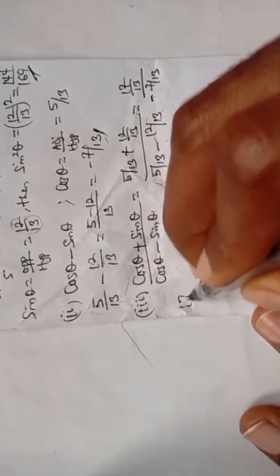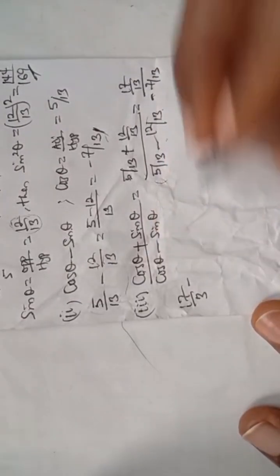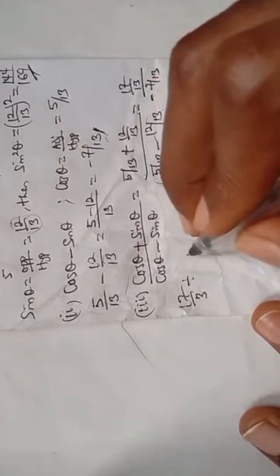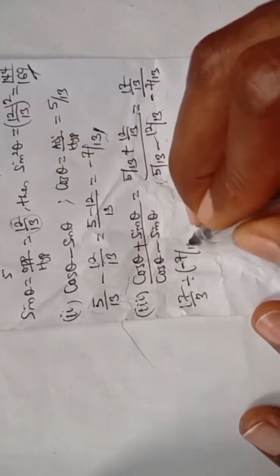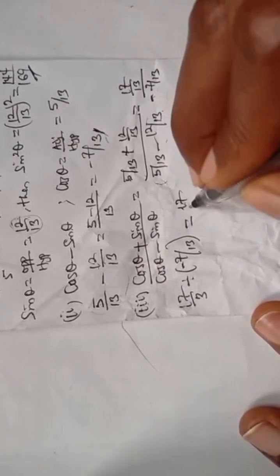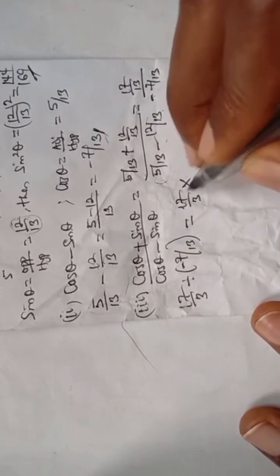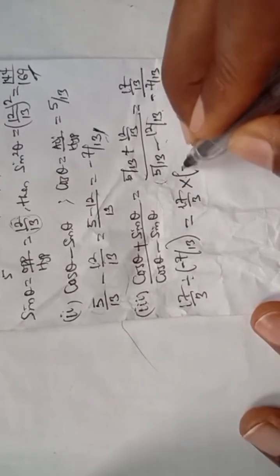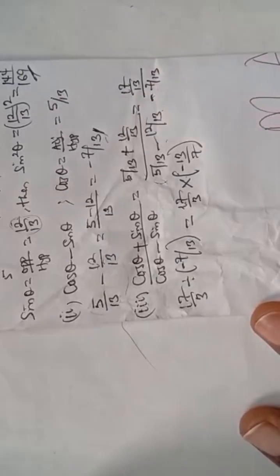So 17 over 13 divided by minus 7 over 13 is like saying 17 over 13 multiplied by the inverse of this. The inverse becomes minus 13 over 7.